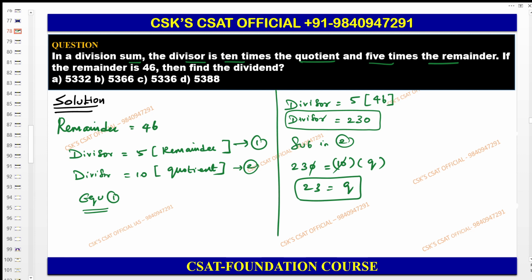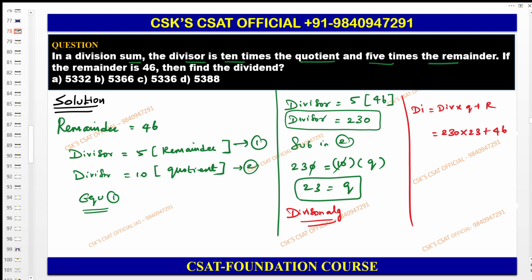You know the concept called division algorithm, which we already did here. What we did in the division algorithm is: dividend is equal to divisor into quotient plus remainder. That logic you can apply here. The divisor is 230, the quotient is 23, and the remainder you know is 46.